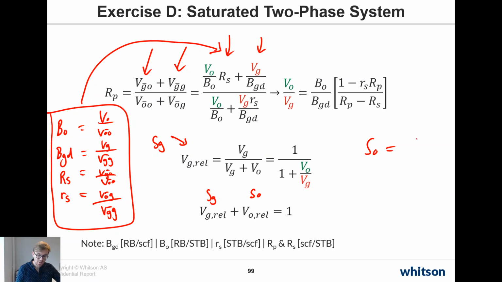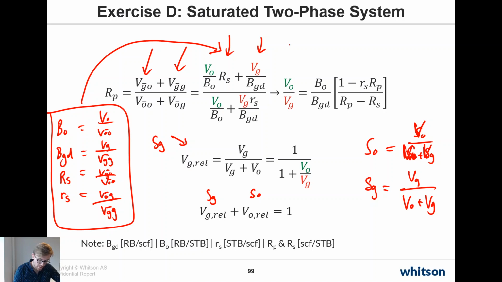A saturation is simply the relative volume of oil, right? So that will be So plus Sg. In terms of volume, it will be something like this. We know the definitions of that, and we would like to isolate, based on these other known factors, these different terms.